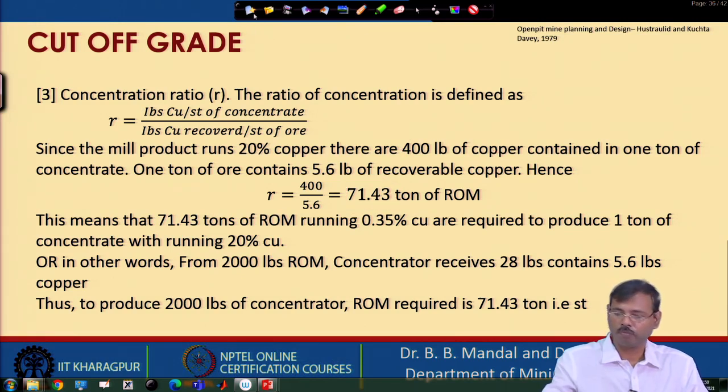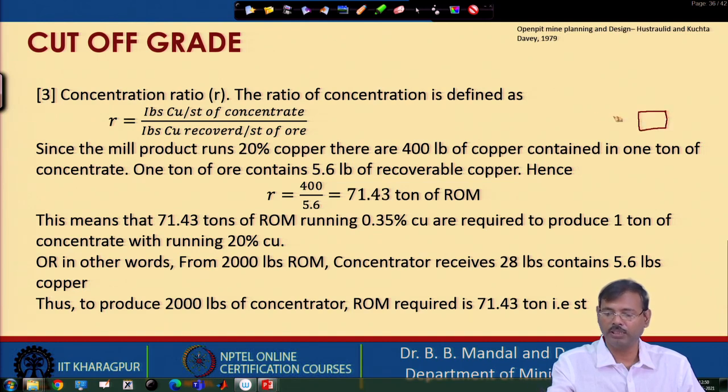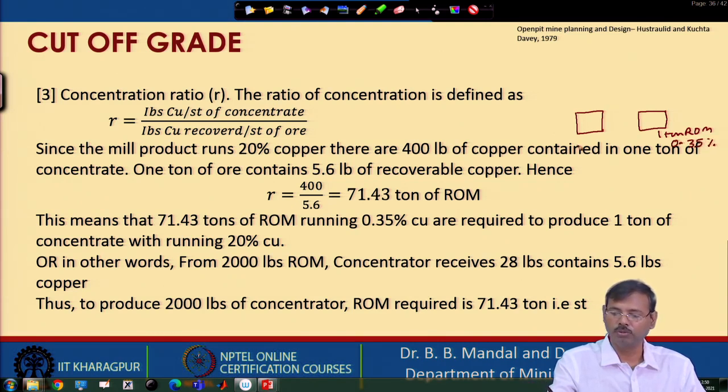So, that means if we have the mine here, and we send 1 ton of ROM with 0.35% Cu, we will get 28 pound of concentrate with 5.6 pound of copper after the mill.